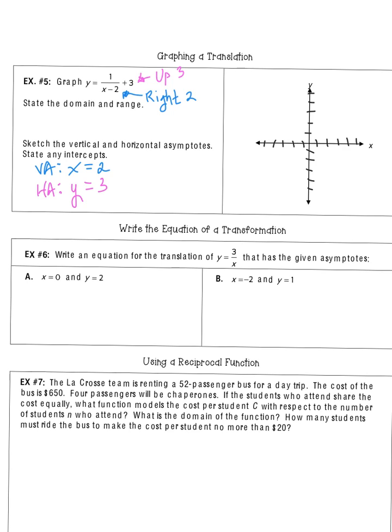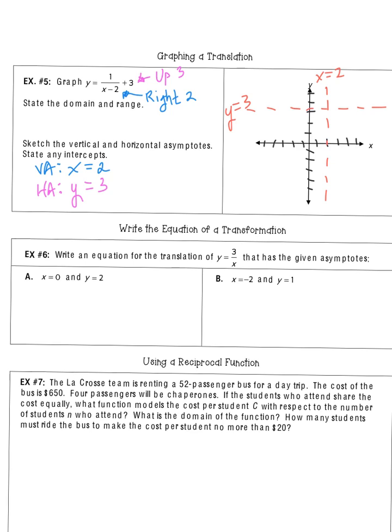So I'm going to graph both of those asymptotes in red. So x equals 2, and both of these are going to affect the domain and range. And then this is y equals 3.